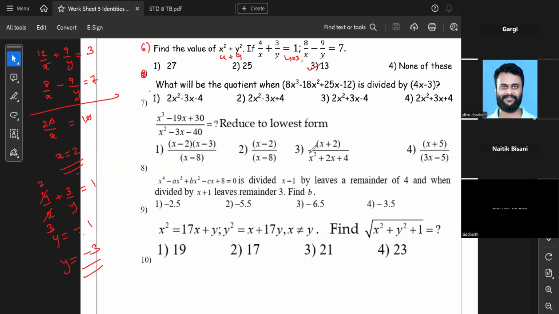Okay. See, there are two types of adjustments which we do. If you are multiplying one expression in the numerator, then we have to do it in the denominator also. You're absolutely correct. And the other type of adjustment is if you are multiplying anything on the left hand side, you have to do the same thing on the right hand side also. Over here, I'm multiplying the whole equation by 3, so I'll be multiplying on the left hand side as well as on the right hand side.